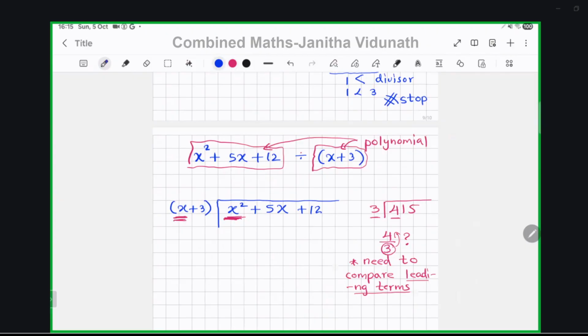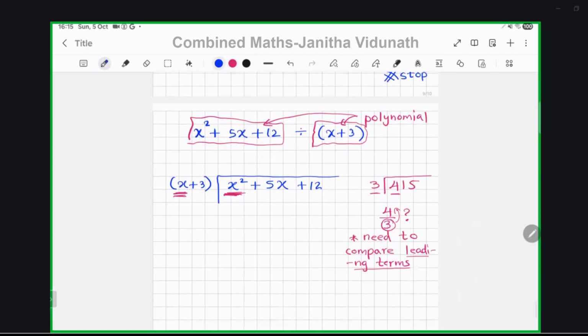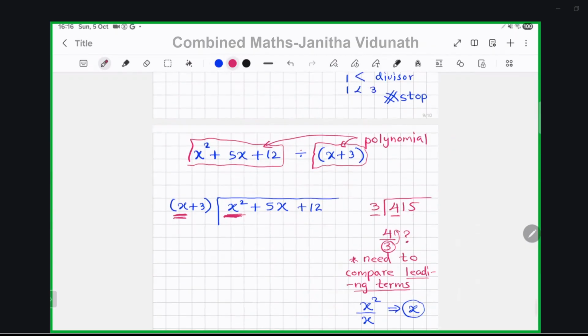Similarly, we divide those two leading terms. That means x squared over x. Then from this, we get the value x. Simply, x squared over x means x. Then this is the first term of the quotient. Similarly, here we compare 415 with 3 and put 1 here.